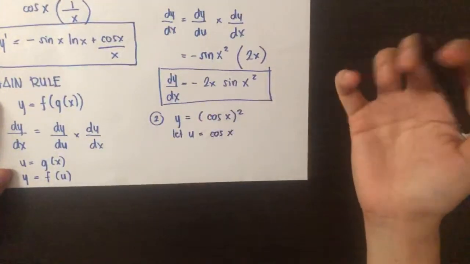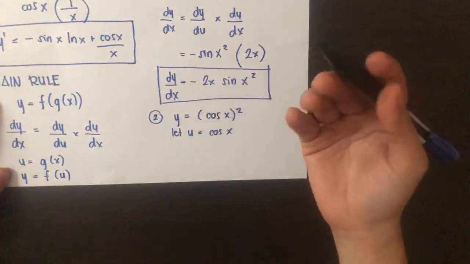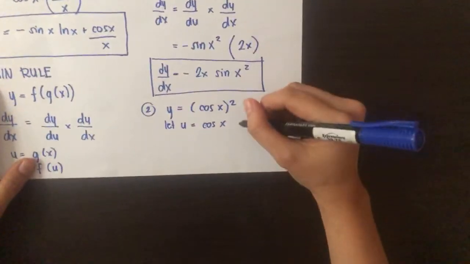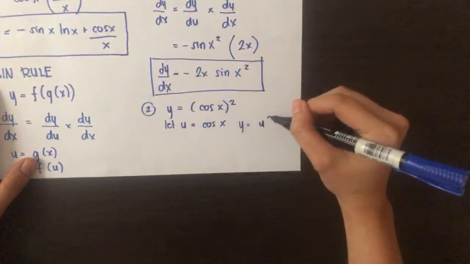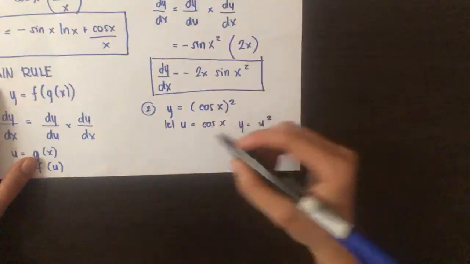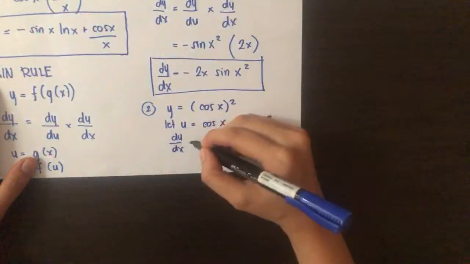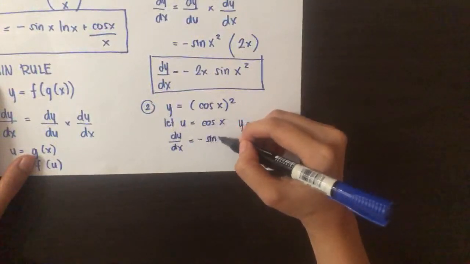Basta kung ano man yung nasa loob ng parenthesis, yun yung pinakamagandang i-substitute nyo sa u. So, I have y is equal to u squared. Kasi nasa loob lang naman siya eh. And then, I will have my du over dx be equal to negative sine of x.